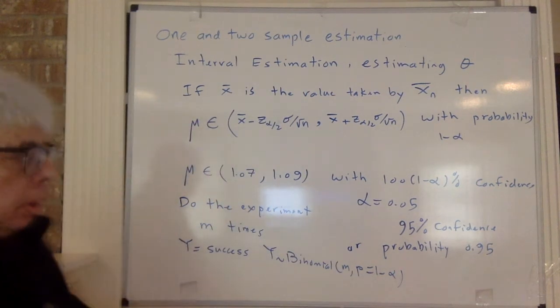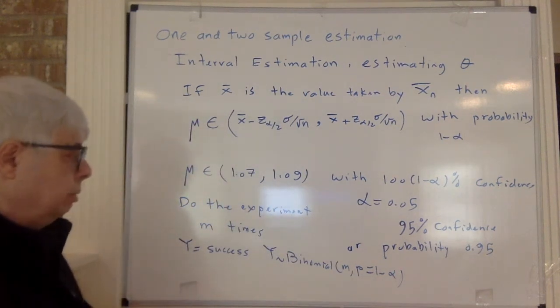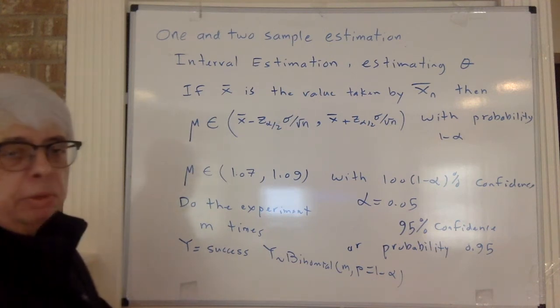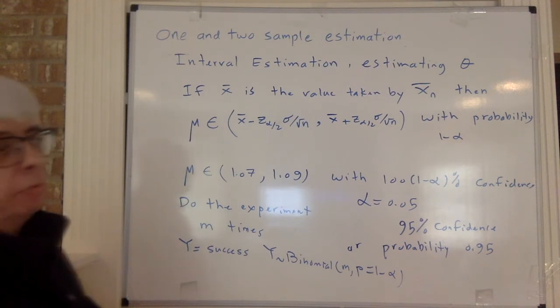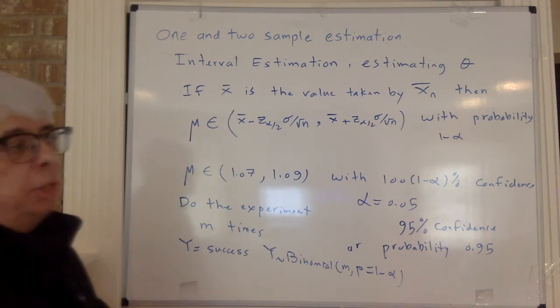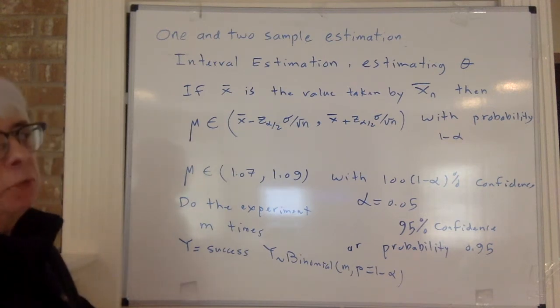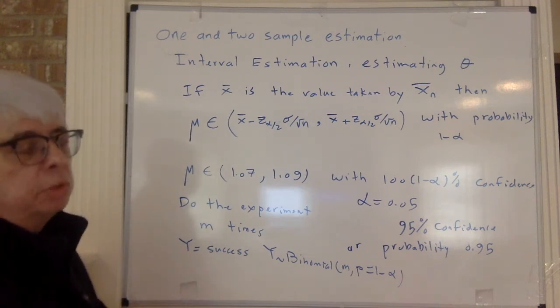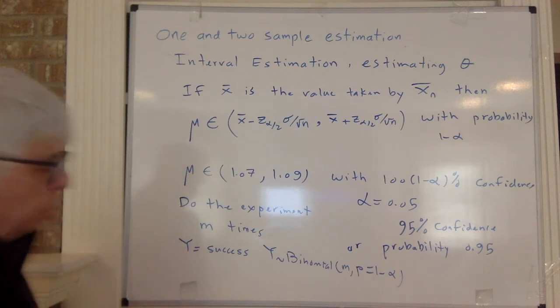If you see problems like that, or in real life it might happen, you ask a question like: we have done this experiment 100 times, what is the probability that, say, 50 times we had mu within the confidence interval? So that's binomial.